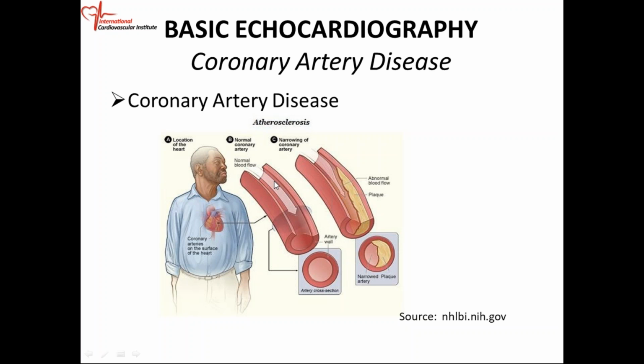So these oxidized LDL, which are attracted to the blood vessel wall, are engulfed by macrophages. The macrophages eat up these LDL, and then you get what we call foam cells. And the foam cells gradually build up to give you this plaque.